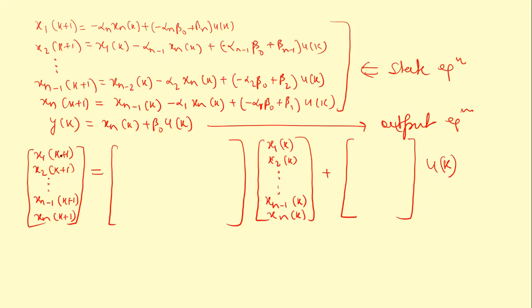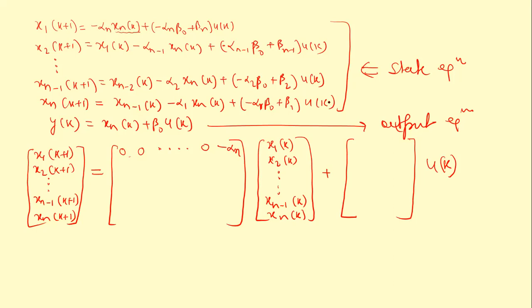So let us take x1k plus 1. So x1k plus 1 has only this state here, and rest of the states are 0. So we have 0, 0, 0. x1 is 0, x2 is 0, and then all other states, xn minus 1 is 0, and we have xn. So this would be minus alpha n. So if you multiply this column vector, this row, you will get minus alpha n xn.